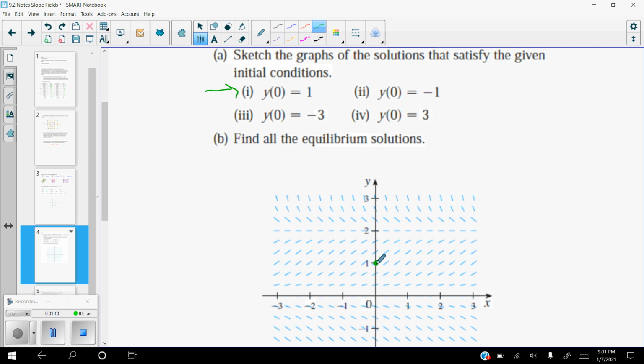Now I just have to follow the slope field. Again, stay parallel as much as you can. Going to the right, if I stay parallel, it's going to do that. Then I come across what looks like a horizontal dotted line, so I have to stay parallel to it. It's just going to go off like this.